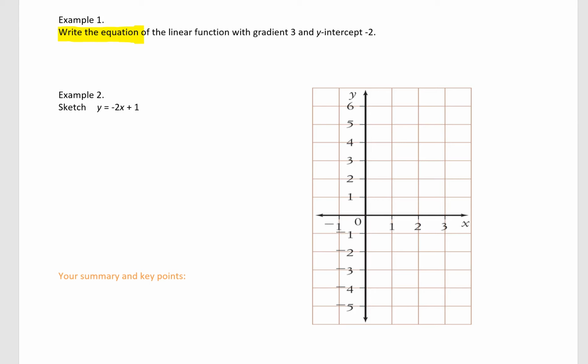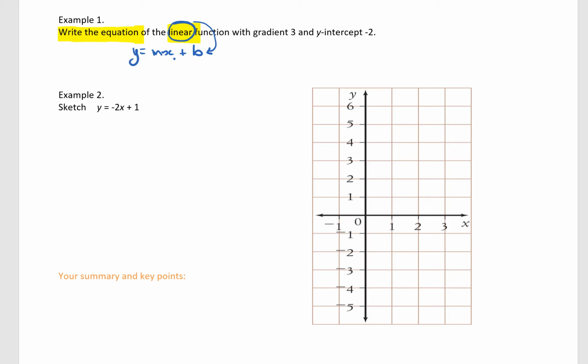Now, another key word is that it is a linear function. Why is that a key word? It's because when I see that word linear, I automatically think y equals mx plus b. If you're not registering that word, you're not making the connection to this equation.